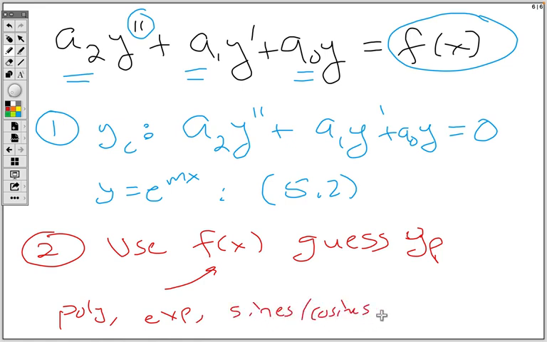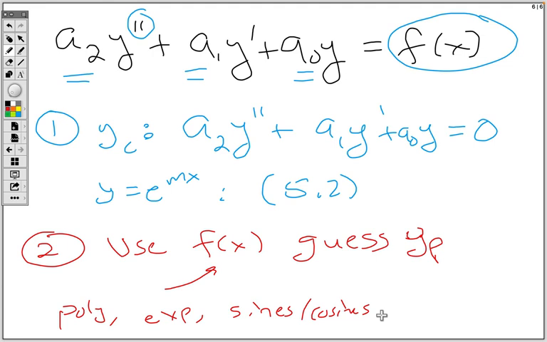In other words, they need to be built up of functions whose derivatives end up being back in the same family. So you take a derivative of a polynomial, you get a polynomial. You take derivatives of exponentials, you get exponentials. You take derivatives of sines and cosines, you get sines and cosines. Because we're looking at a linear combination of the derivatives.